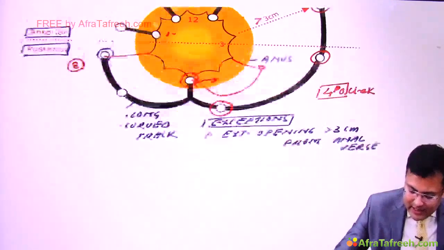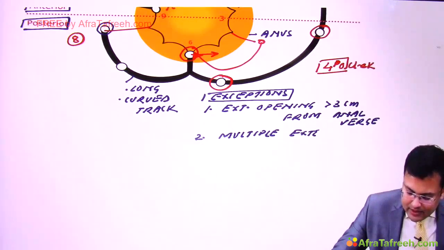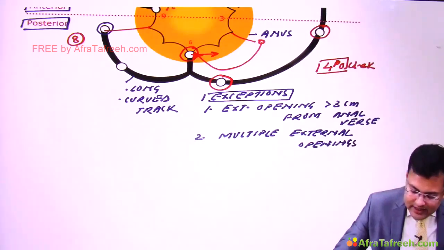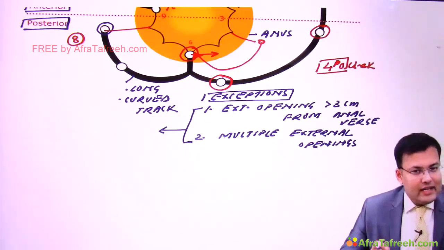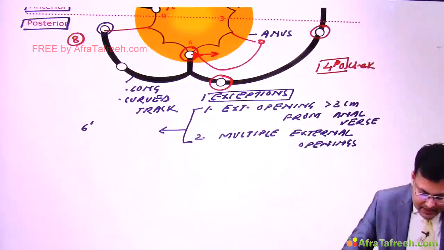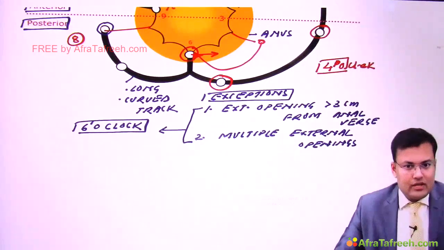And second, if patient is having multiple external openings. So if there are multiple external openings, okay, so these are exceptions. It means in both of these cases posterior rule will be applied. So where is the internal opening? It is posteriorly in the midline, and it is 6 o'clock. It is at 6 o'clock position. So this is Goodsall's rule.